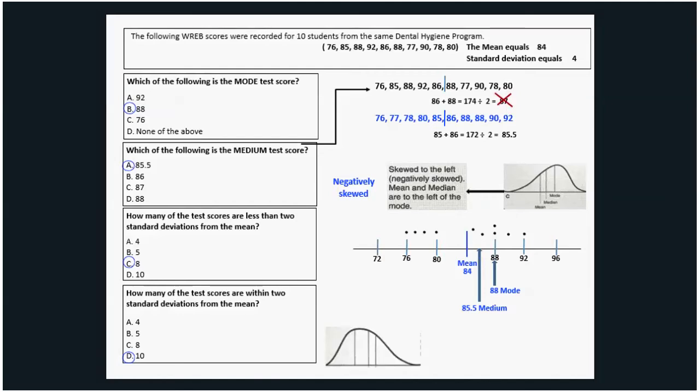If we had the other way, in other words, if the mean was on this end, and the median and the mode were over here, then we're skiing out this way, and we're skewed to the right. The way the arrow points, you're skewed to the right, and that's a positively skewed curve.